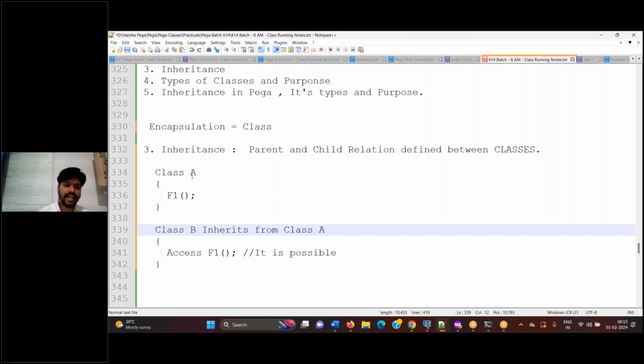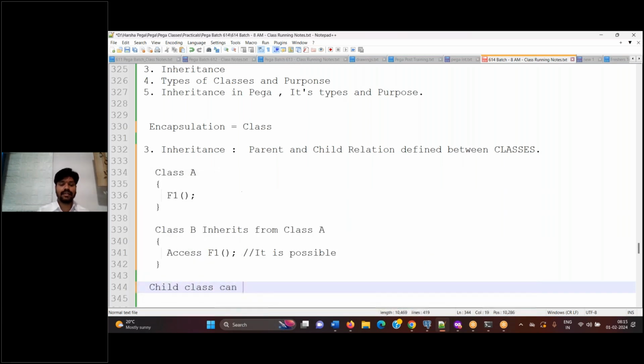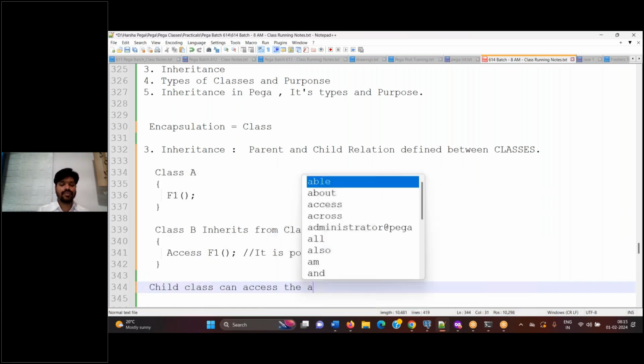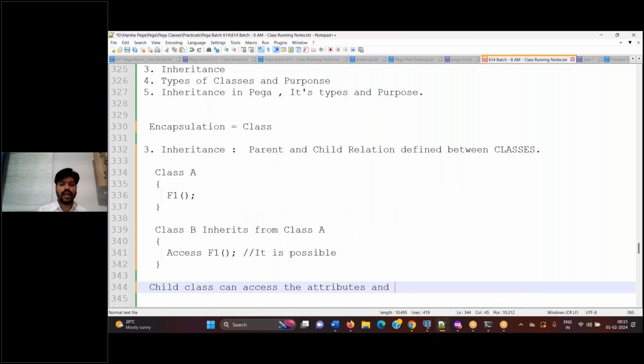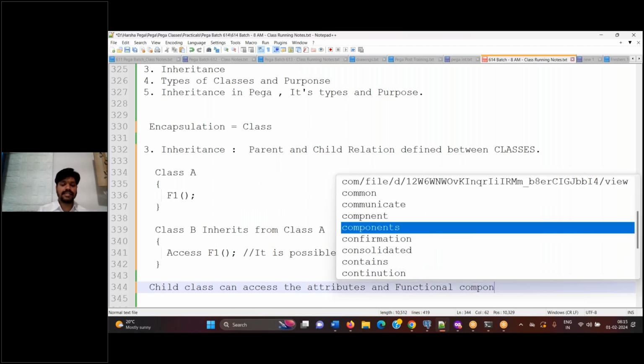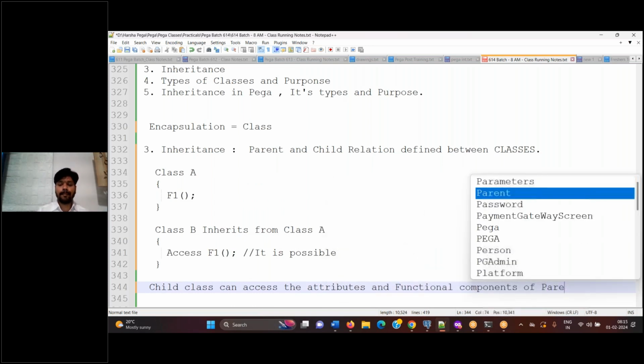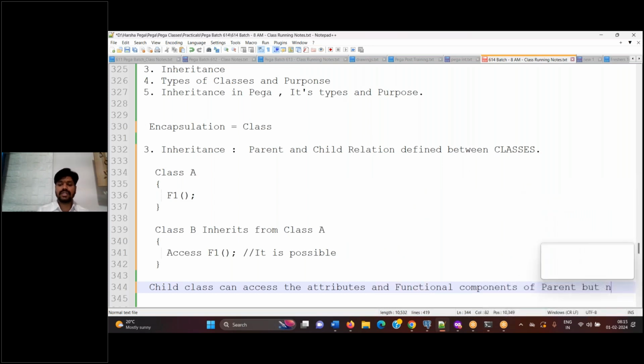If you define inheritance relation between the classes, one class acts as a parent and the other class acts as a child. Child can access the parent class features, but not vice versa. Child class can access the attributes and functional components of parent, but not vice versa.